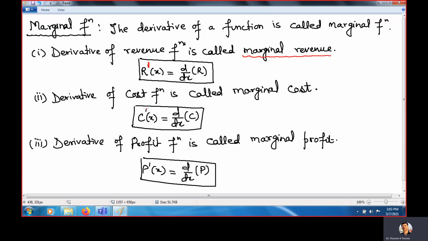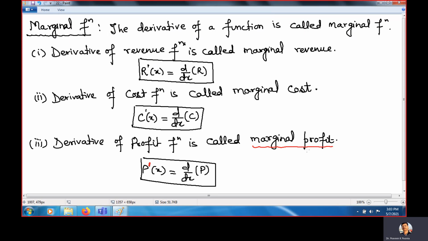Similarly, if you differentiate the cost function, C dash, it becomes the marginal cost. The word marginal is used when you are taking the first derivative, and P dash is the marginal profit.